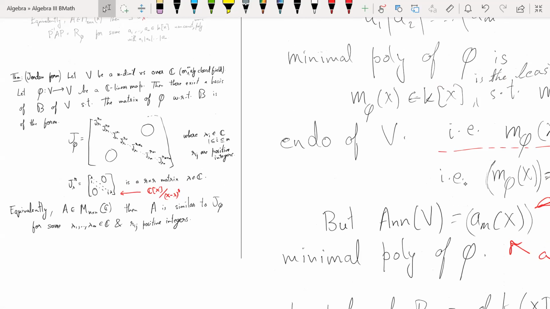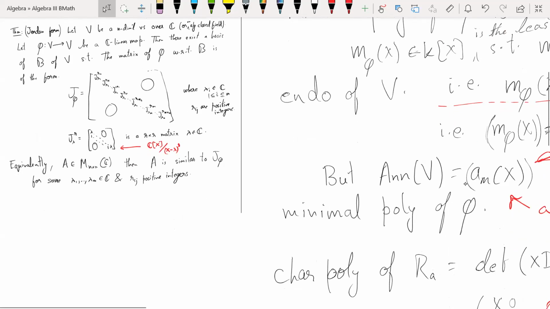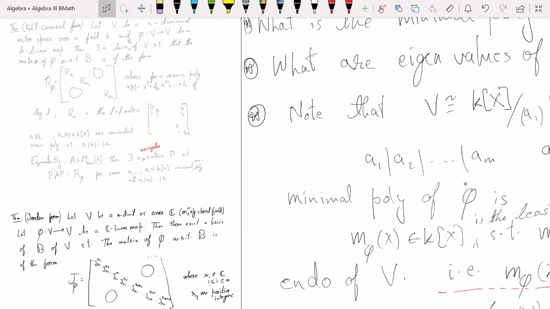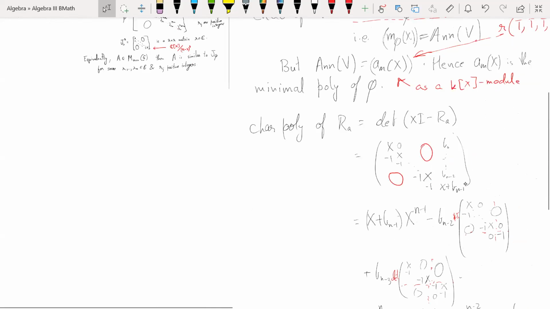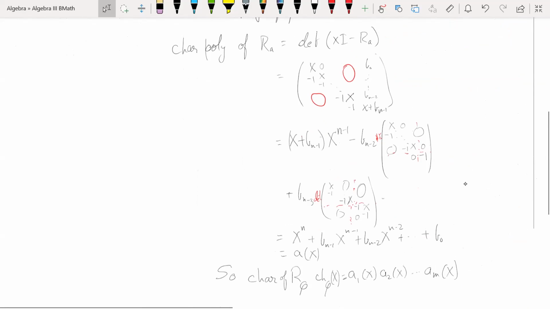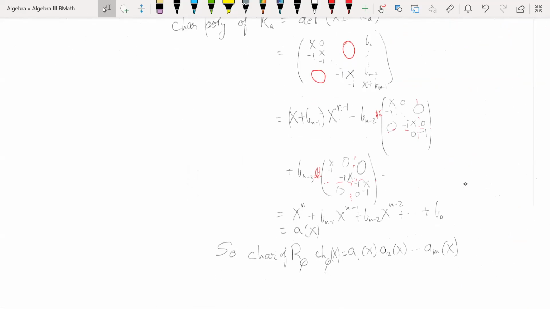By the way, one can also ask what is the characteristic polynomial of these small factors, of this Jordan block. And what is the minimal polynomial of R_a? It is a itself, because that's the only invariant factor.